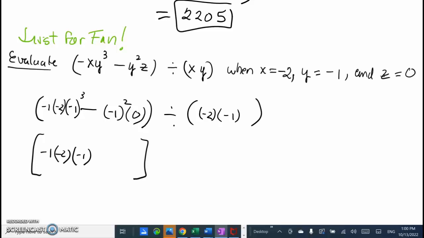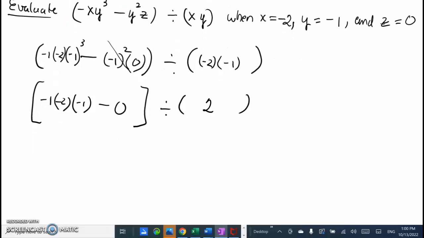Now the good news about multiplying by 0 is that the whole term is going to go out to 0. All right, divided by positive 2. Okay, now we still have to work on the inside here, and there's your bracket.